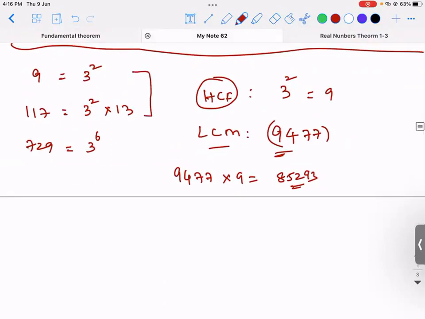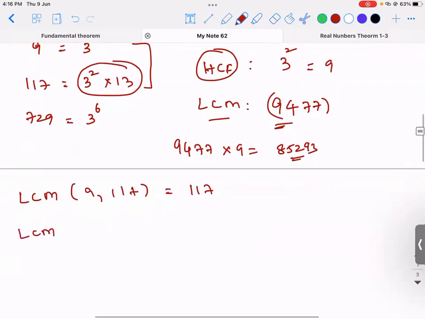So LCM of 9 and 117. What did you say? Yes, because it is 3 square into 13. So LCM of 9 and 117 is 117. I hope everybody is able to understand. Right? So what is the LCM of 117 and 729?